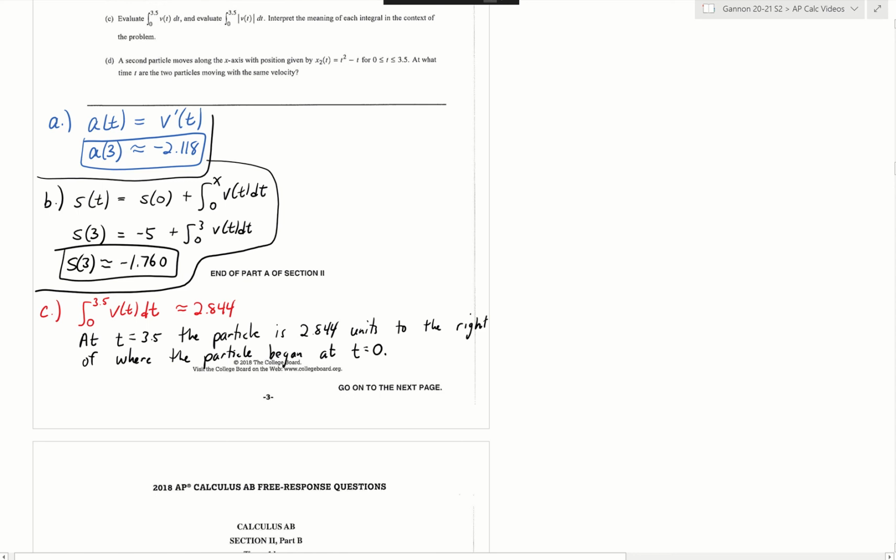That's what the displacement is, how far you are from where you began, and it's to the right because it's a positive value.